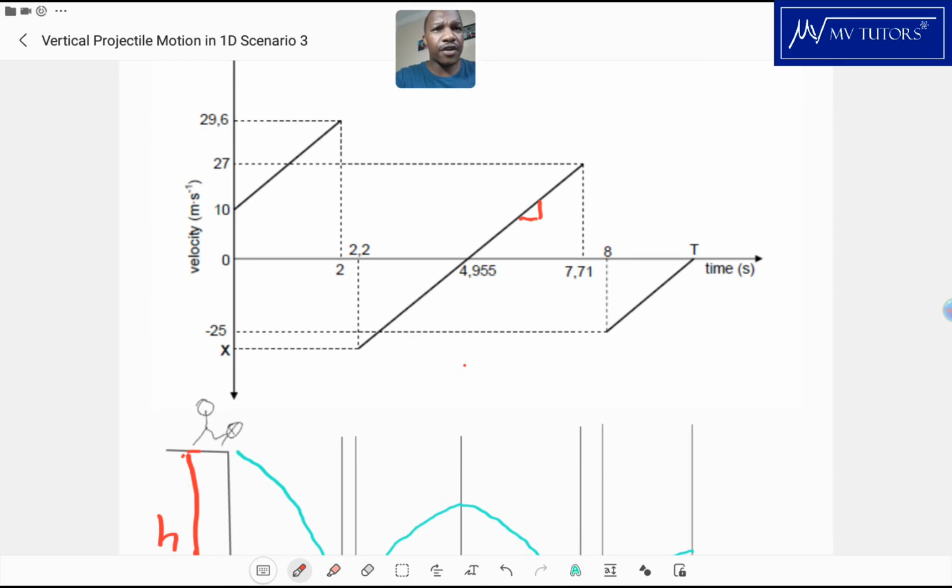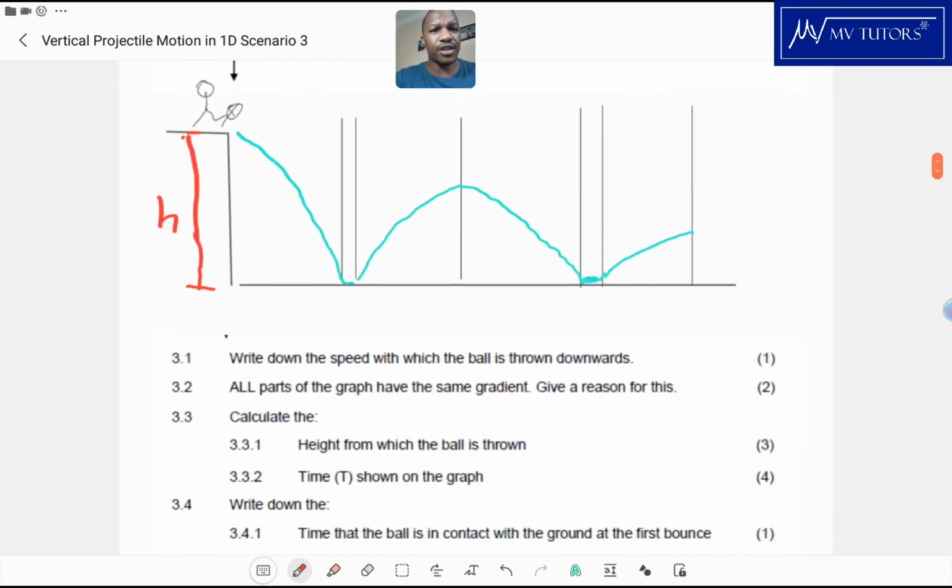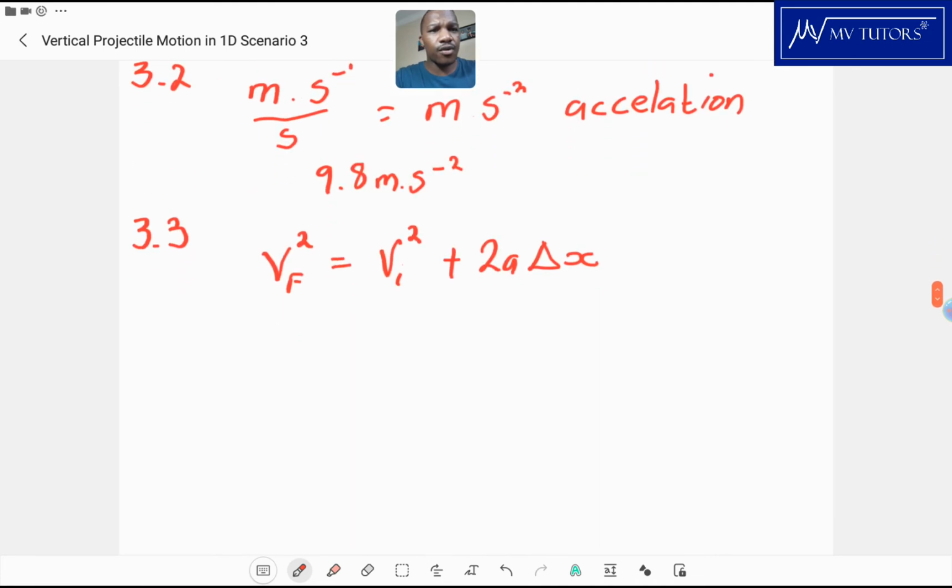So the final velocity is 29.6. We're going to put 29.6 squared is equal to, the initial one is 10.